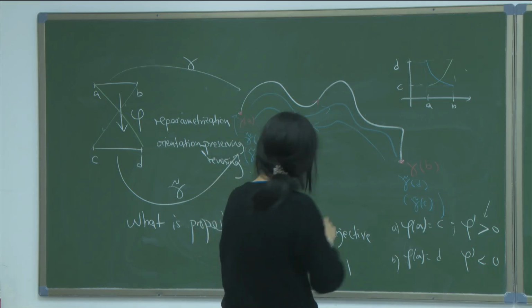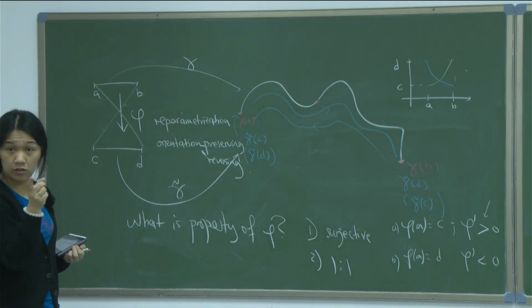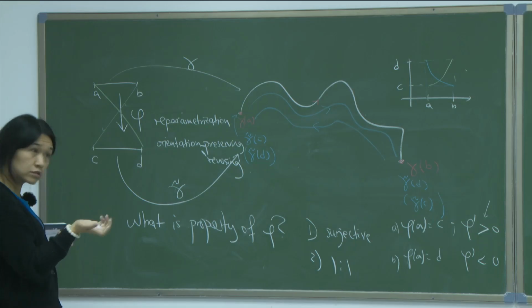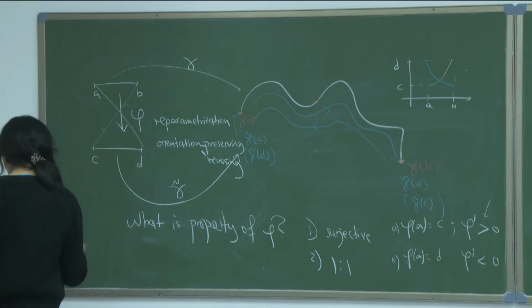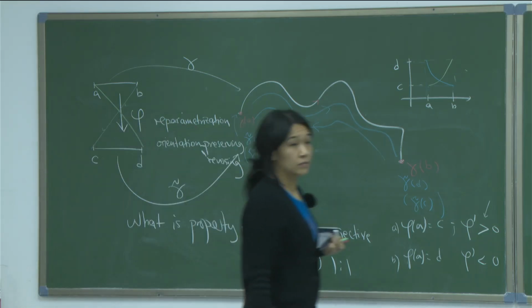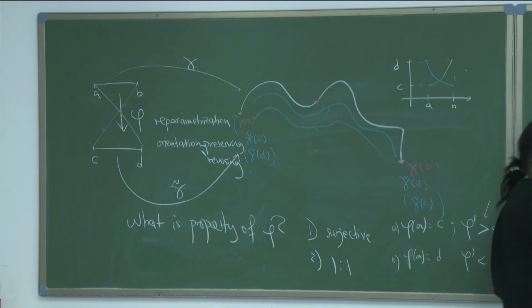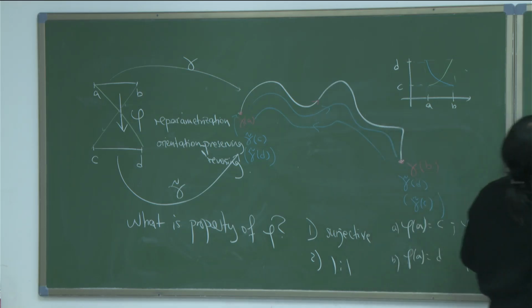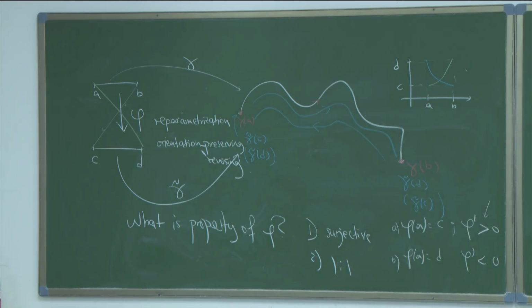So now, this is an open curve. Let's do closed curves. How do we do closed curves? It should be that gamma of A equals gamma of B. And gamma should be continuous. Is that enough, though? What do you think?